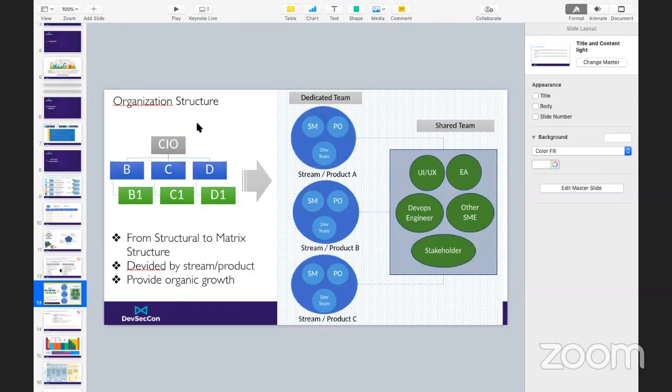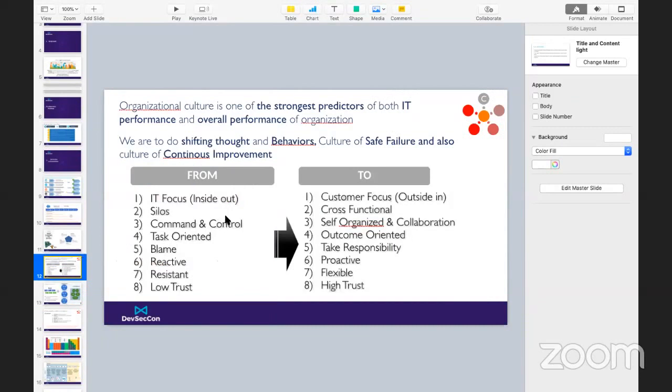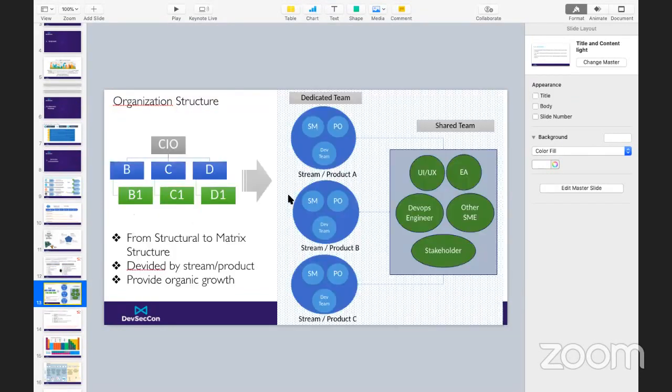Okay, so the second is how we do the culture change. First, we change the organizational structure. This is the current organization structure, from the structural. So we need to move to a matrix structure.